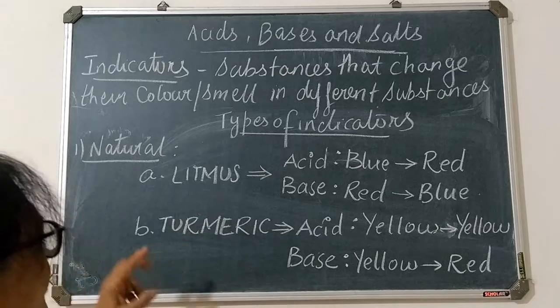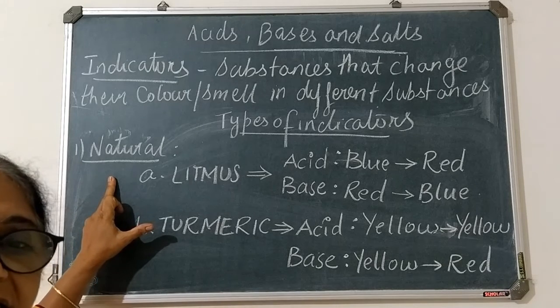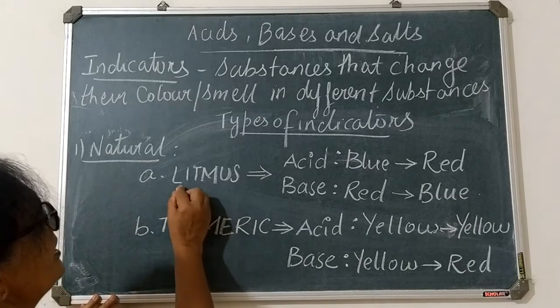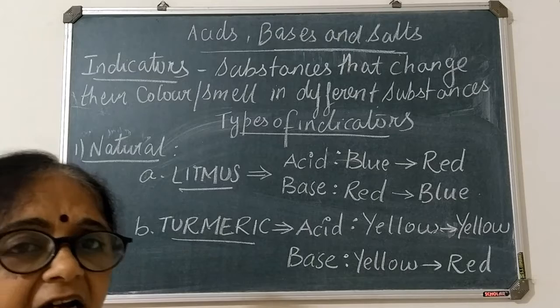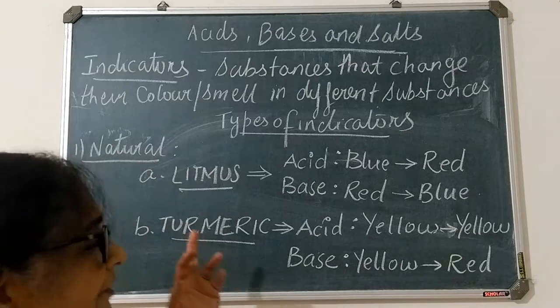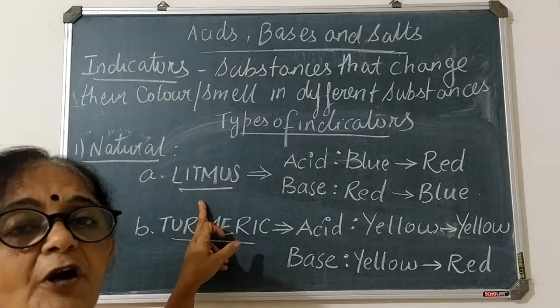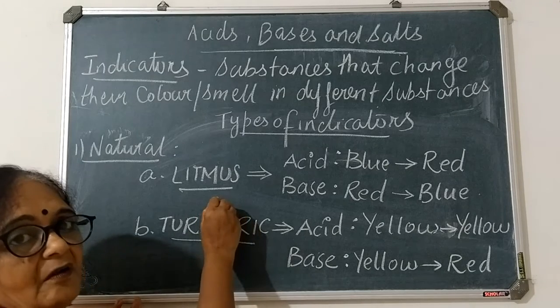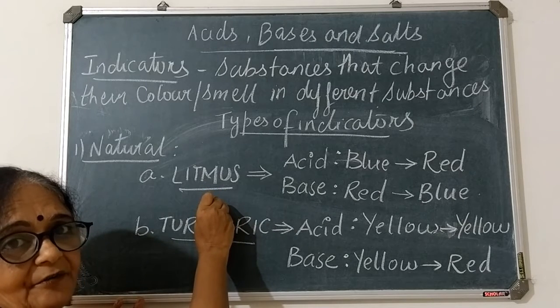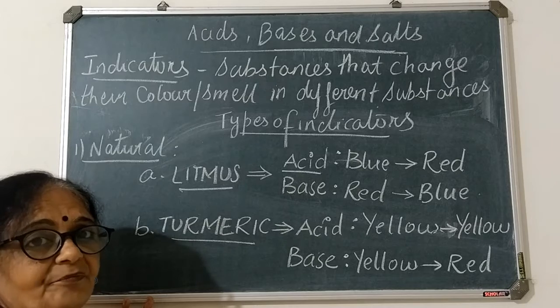Let us talk about the first type, natural indicators. The examples are litmus and turmeric. Turmeric means haldi, and litmus is litmus paper. We prepare it from a plant product. Now what happens when litmus paper comes in contact with acid?